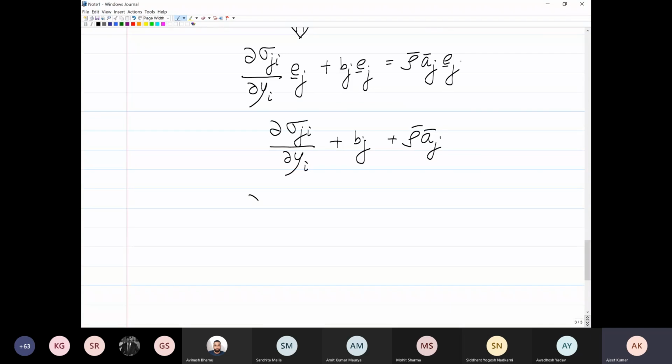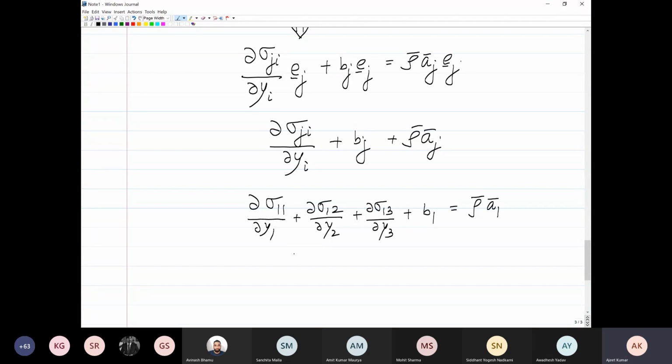And you can be more explicit now. So you'll say del sigma 11 over del y1 plus del sigma 12 over del y2 plus del sigma 13 over del y3 plus b1 is equal to rho times acceleration 1. So this is for j equal to 1.